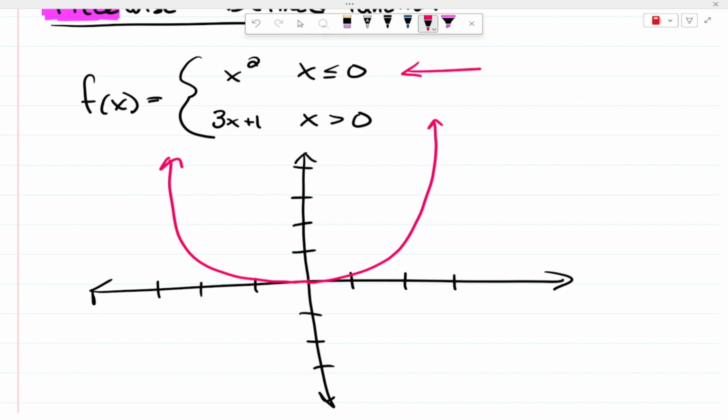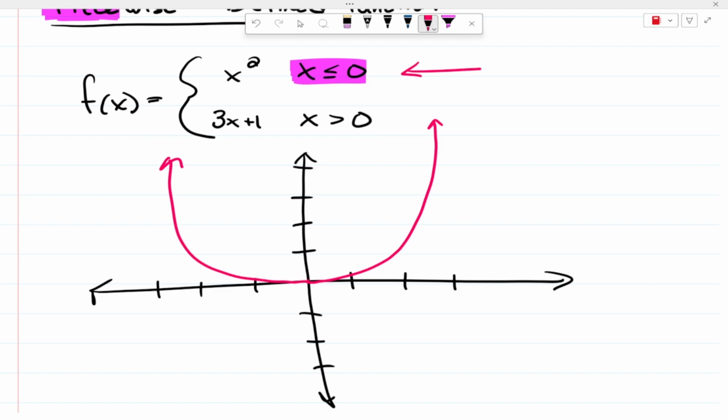Now, on the right-hand side, these are the restrictions that I must follow. So if I want to use the very first piece, x to the second, I'm only allowed to use this as long as my independent variable, x, is less than or equal to 0. So here's what this means.